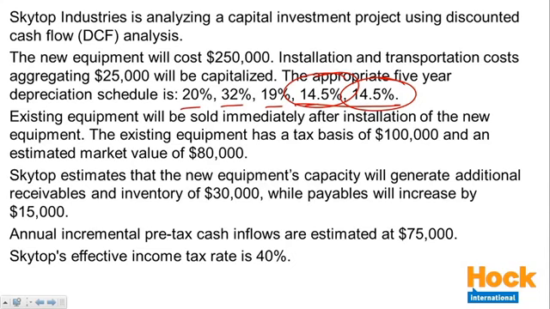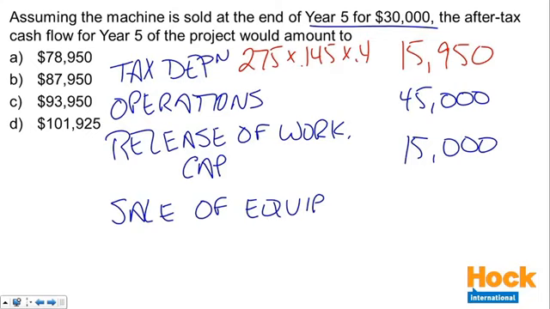So what we're left with is the sale of the equipment. Well, it was sold for $30,000, we're told. We've depreciated the entire amount of the equipment, so we have a $30,000 cash flow, but we have a gain on the sale of that equipment because it has a tax basis of 0.